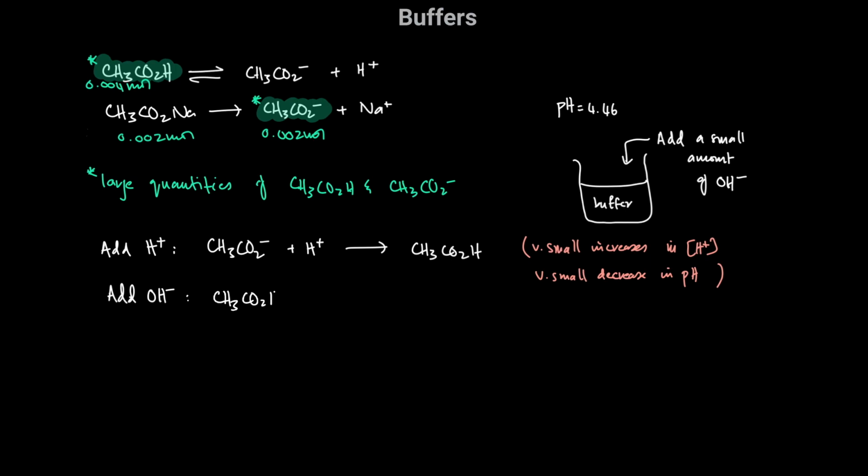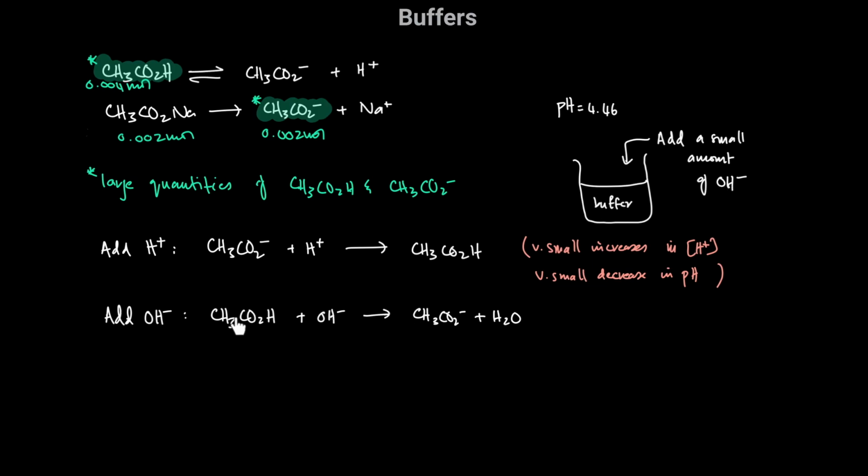So the unionized acid reacts with the hydroxide ions, and we end up forming CH3CO2- and H2O. The unionized acid, present in large quantities, neutralizes the small amount of hydroxide ions that we've added.